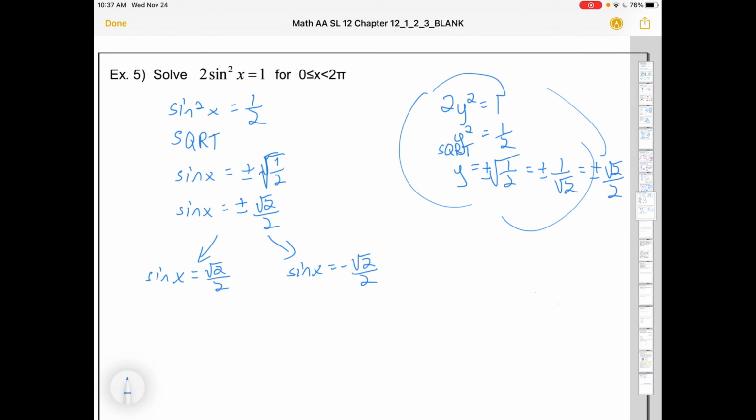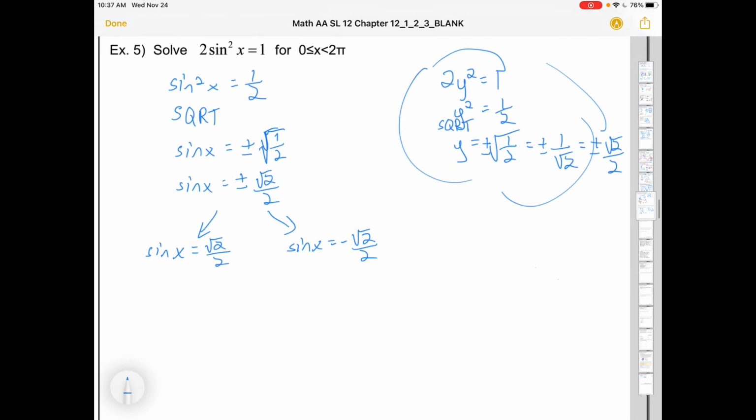Now, if you have other insights here or different ways that you'd like to do it, that's probably okay as long as we end up with all 4 answers. So in both these cases, we're going to think about a reference angle. On the quarter circle, there'd be a point over here, root 2 over 2, root 2 over 2. Okay.